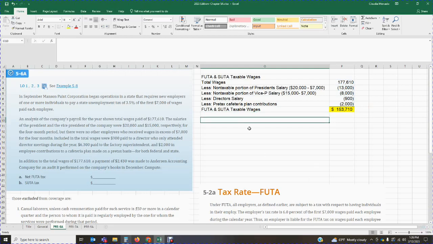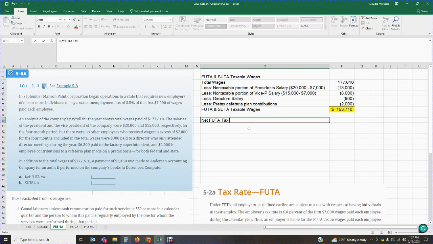That is my actual taxable wages that I am going to pay FUTA and SUTA taxes on. I'm not going to pay my FUTA and SUTA on the entire 177,610. No, we had some items in there that did not apply to be taxed for FUTA and SUTA purposes. So now I figured out that 153,710 is taxable. I'm going to go ahead and calculate my FUTA tax.